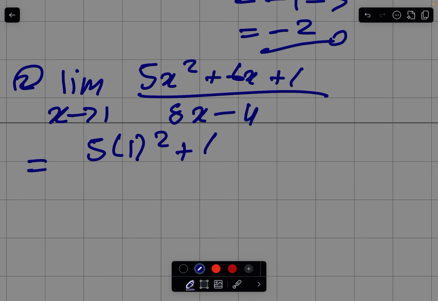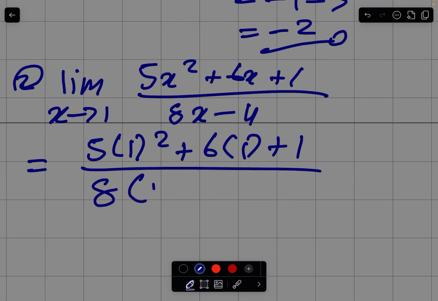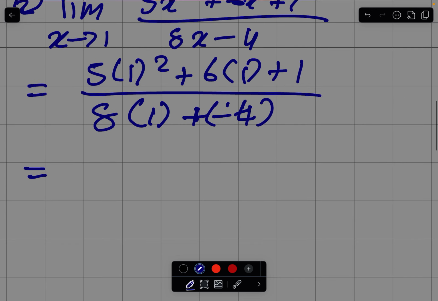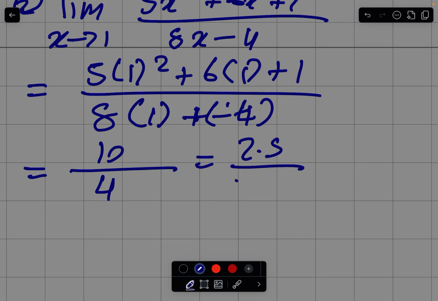You're going to have 5 times 1 squared plus 6 times 1 plus 1, all divided by 8 times 1 minus 4. Therefore, 5 plus 6 is 11, 11 plus 1 is 12, divided by 8 minus 4 which is 4. 10 over 4 is 5 over 2, which is 2.5.